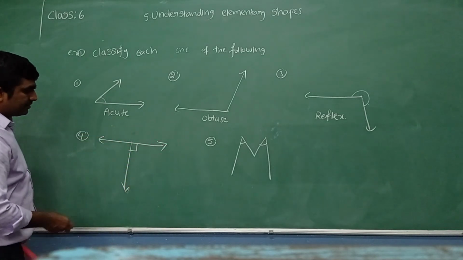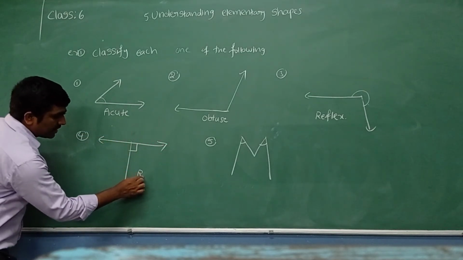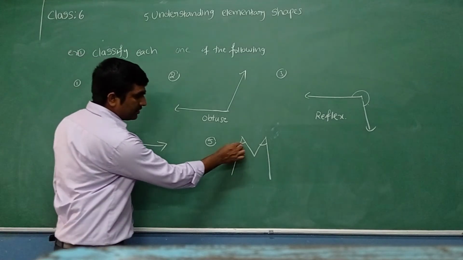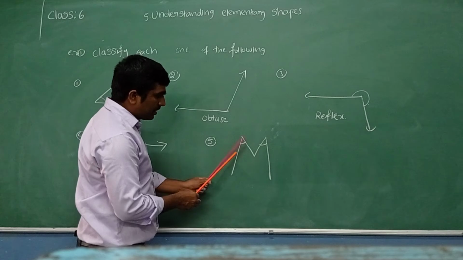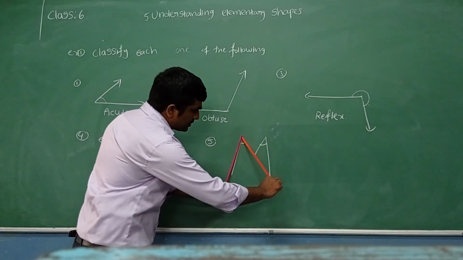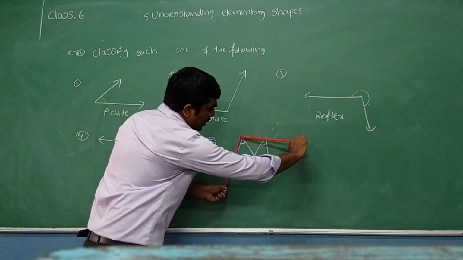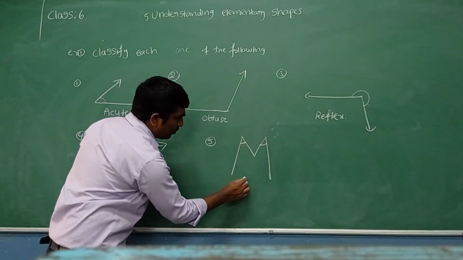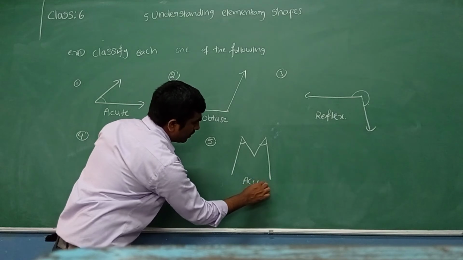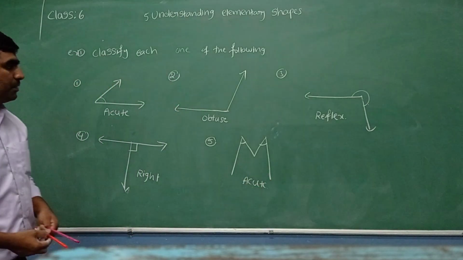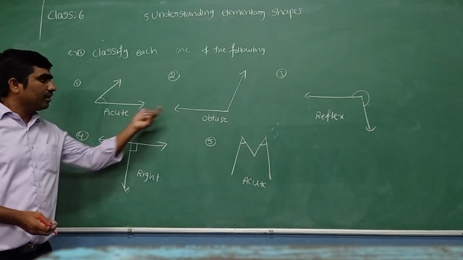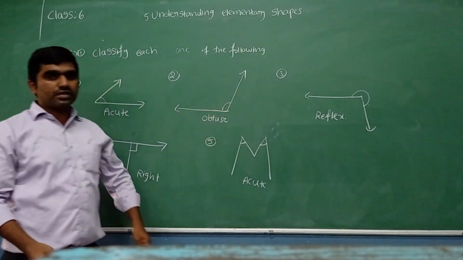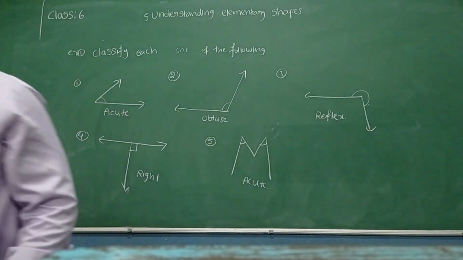An angle whose measure is exactly 90 degrees is called a right angle. Here one ray is like this, the other is less than 90, so both the angles are called acute angles. Like that, by seeing the angle only, we can identify whether it is acute, obtuse or reflex angle.